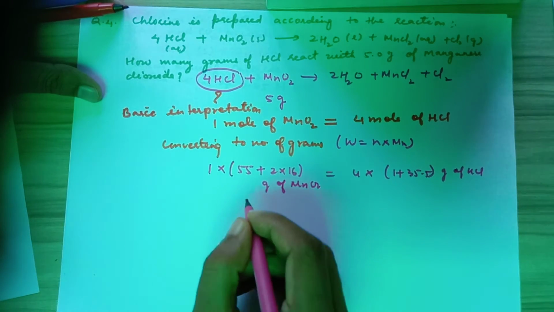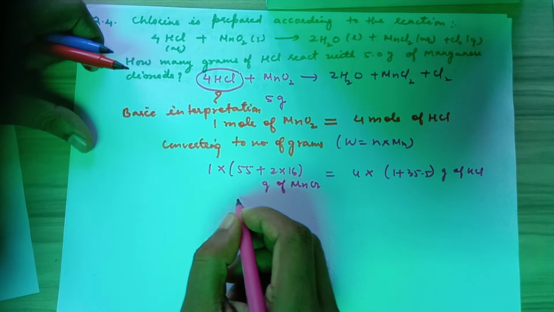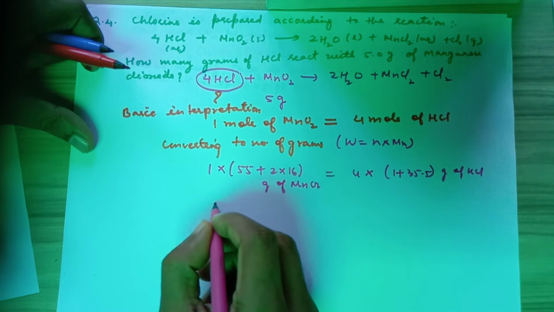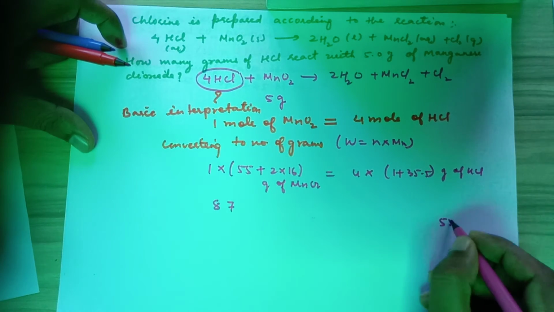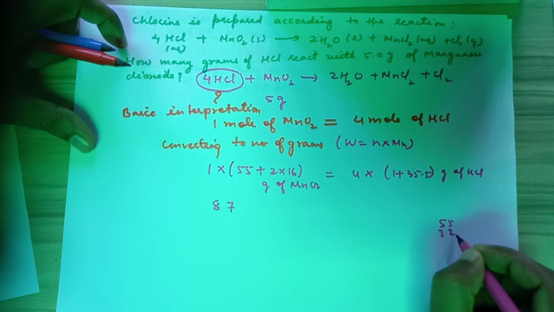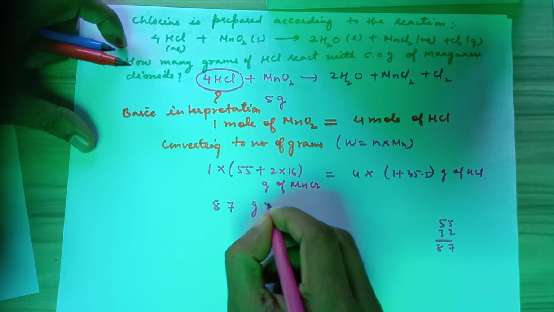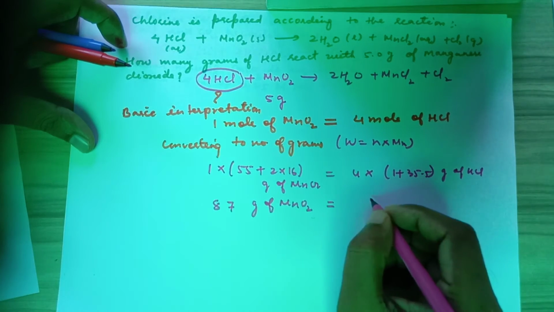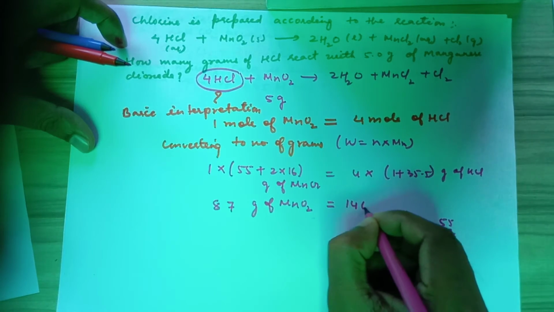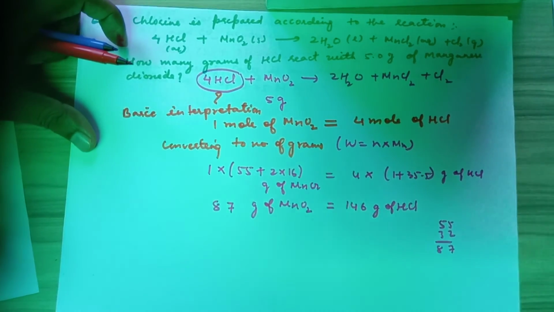So that is 55 plus 32, that is 87 gram of MnO2 gives 146 gram of HCl.